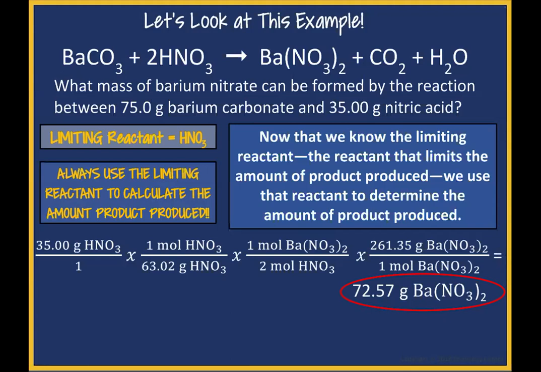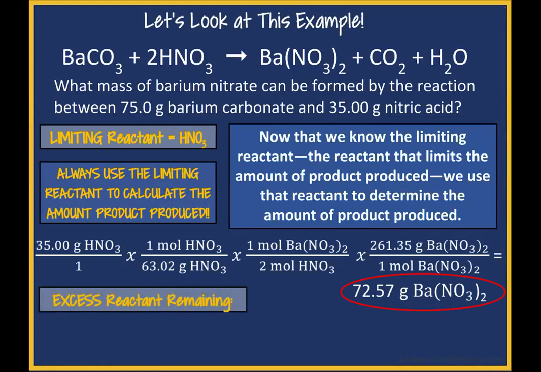You do all this on your calculator, and you get 72.57 grams is how much can be formed if you have 75 grams of barium carbonate and 35 grams of nitric acid. You're not going to use all 75 grams of barium carbonate. You're going to have extra. But we had to find the limiting reactant to see which one of those numbers we were going to use.